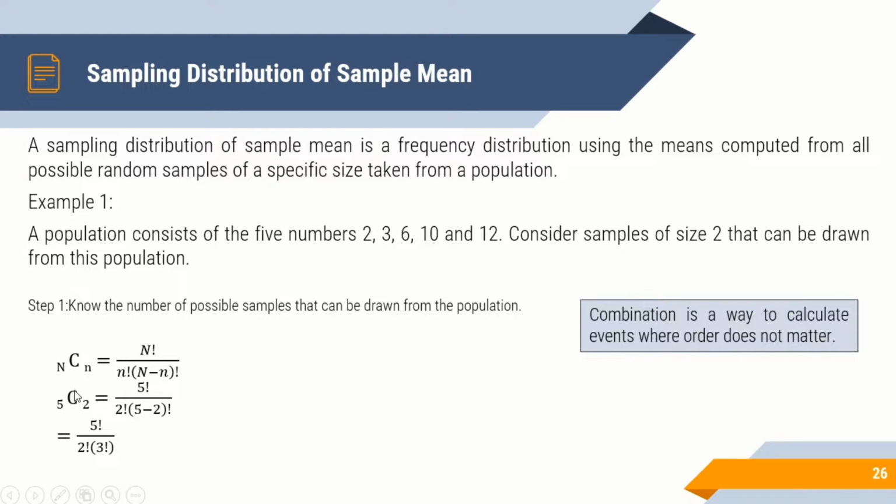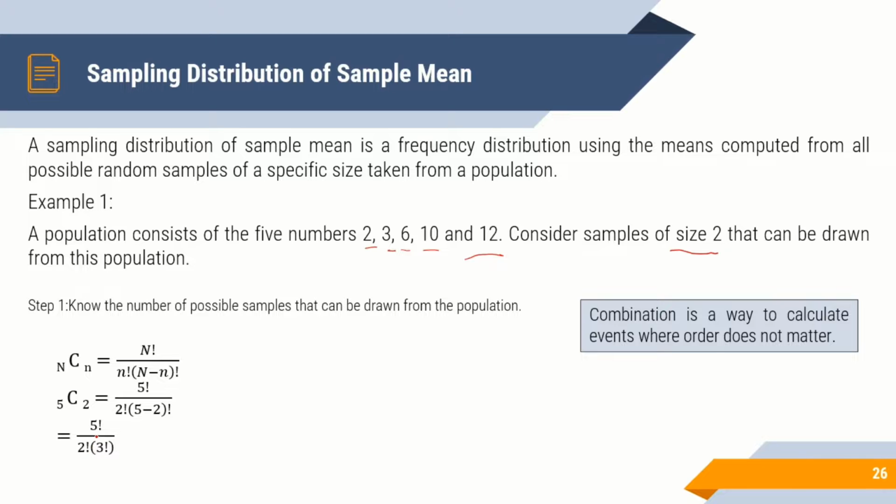Since our population is 5 because we have 5 numbers, then our sample size is 2, which is given. And then 5 factorial over 2 factorial times 5 minus 2 factorial, that would be 5 factorial over 2 factorial times 3 factorial.